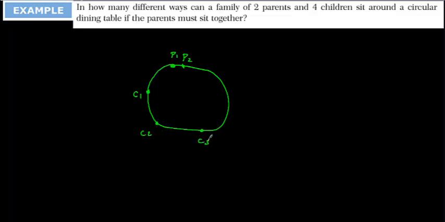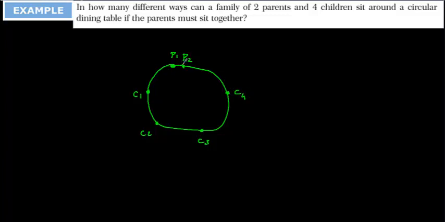If we solve another example: around the circular table, 2 parents and 4 children sit, with the parents together. When I make one circular table here, the parents sit together, parent 1 and parent 2, so I draw them closer, and there are 4 children, child 1, child 2, child 3, and child 4, who sit like this.